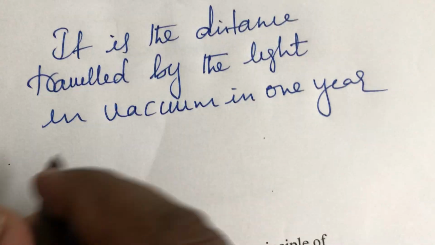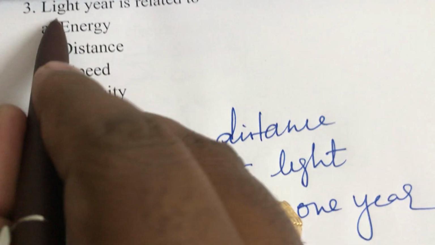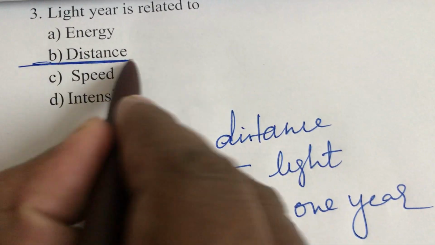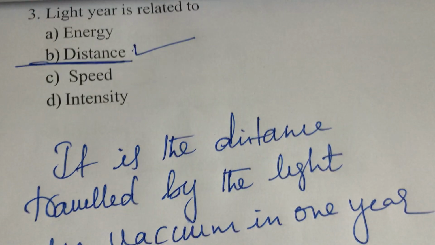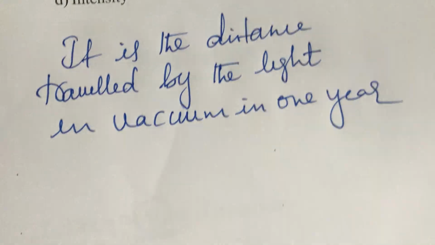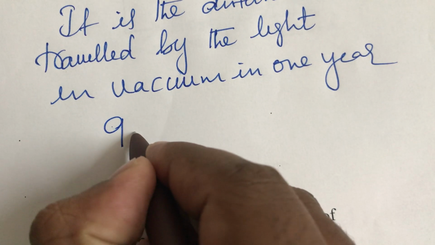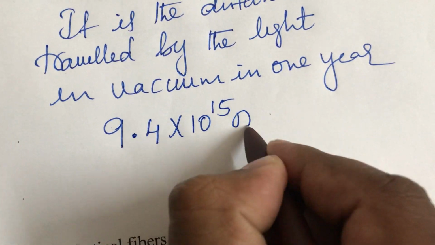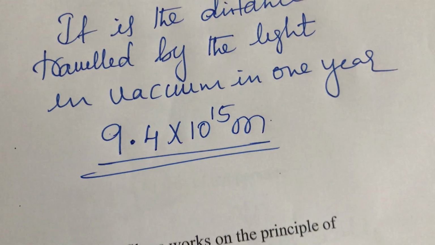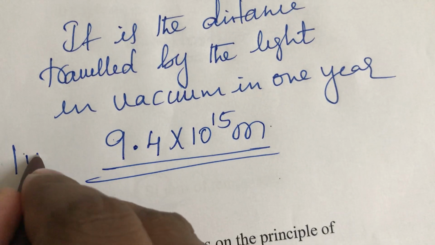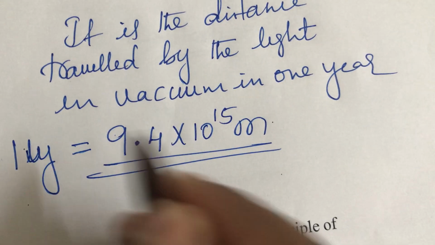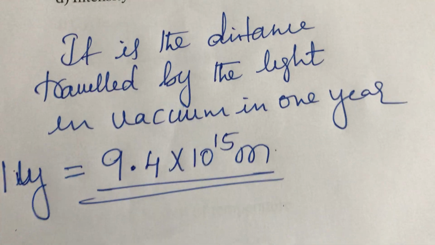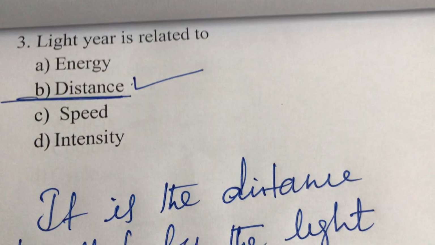So here we have to remember the light year is basically related to distance. The right option is distance. In 1 year light will travel almost 9.4 into 10 to the power 15 meters. This is the value of 1 light year. So the right option is B.